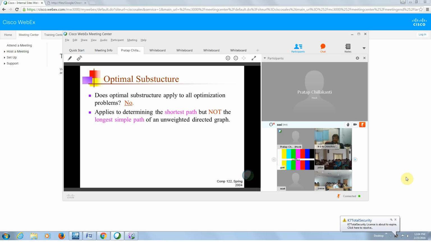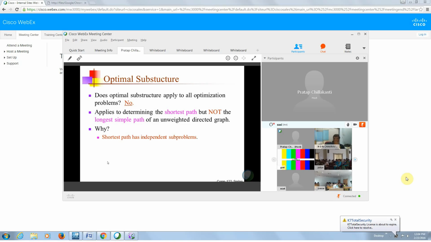That illustration shows that when you have a cycle in a path, the longest simple path cannot be solved using dynamic programming. The justification is that in the case of shortest path, they are all independent subproblems, whereas in the longest path, they are not independent. That's a simple answer.